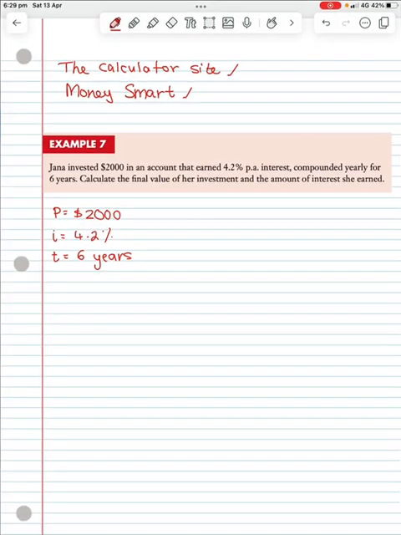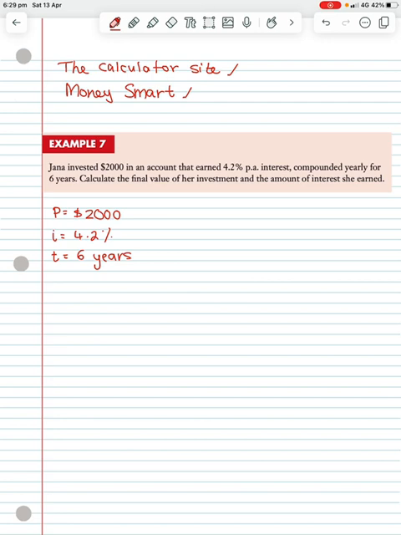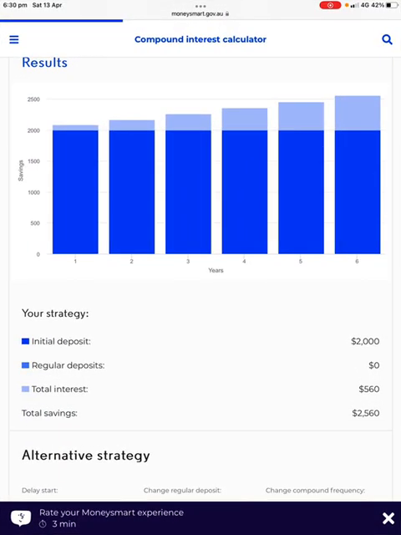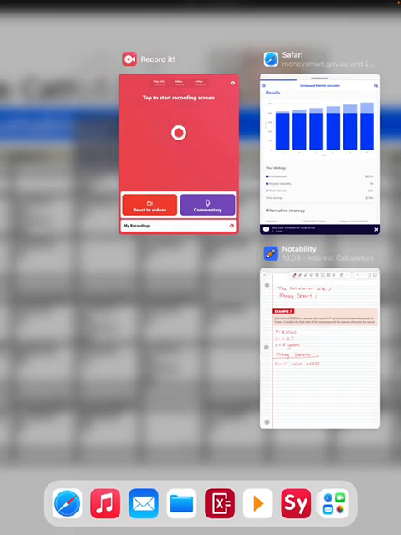Let's go back to our notes, and I'm going to do a little title for MoneySmart. It's saying that our final value is $2,560. And if we go back to it again, we can see that our total interest is $560.